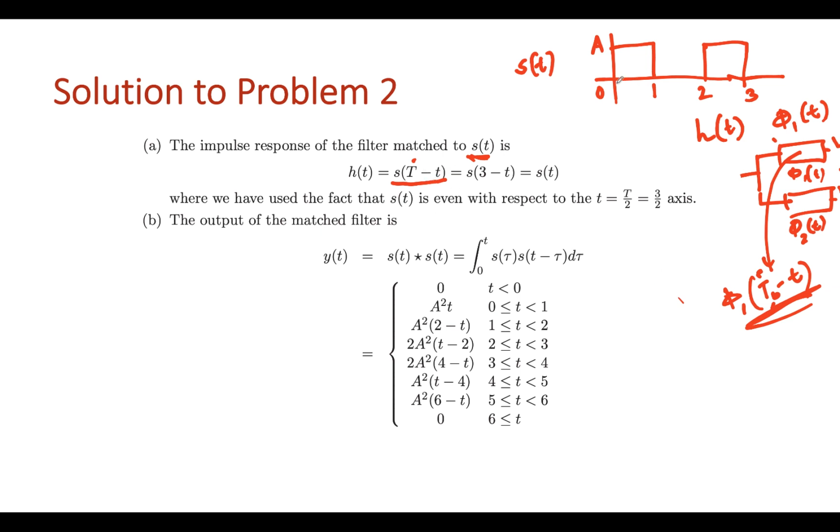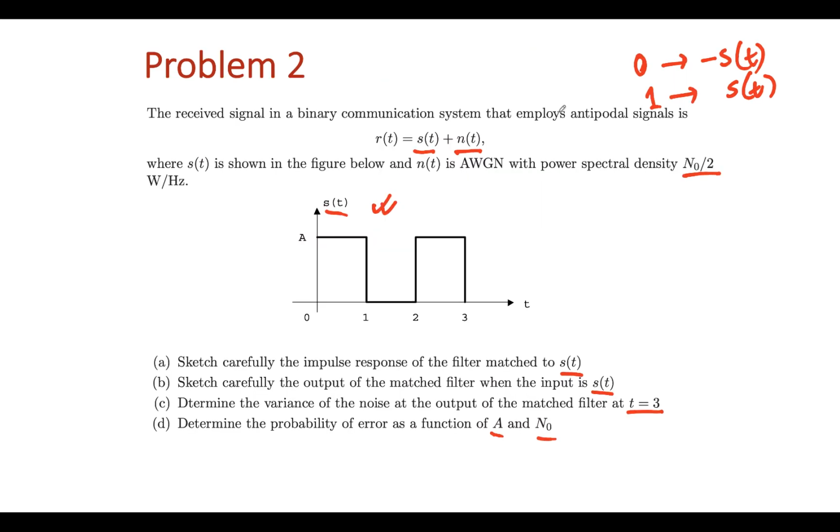And you can see that the bit duration here is 3, because this is the entire signal that you are sending for the duration of a bit, from 0 to 3.